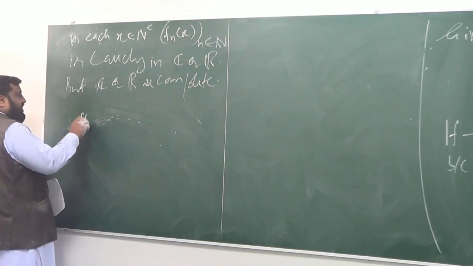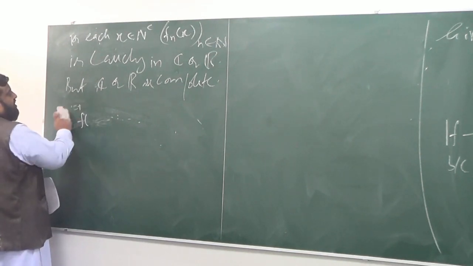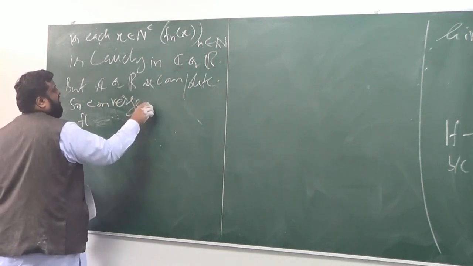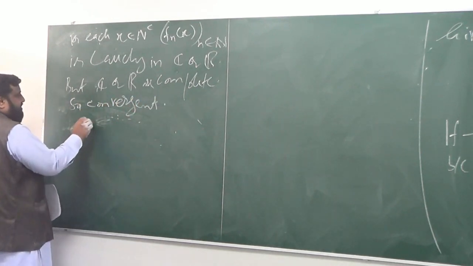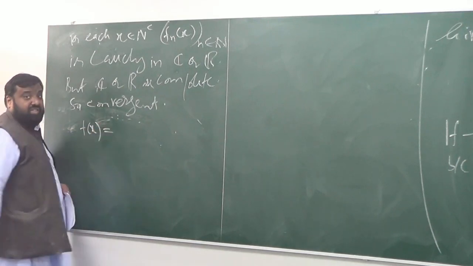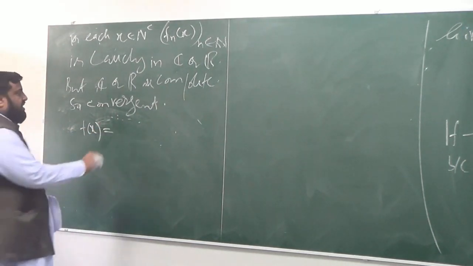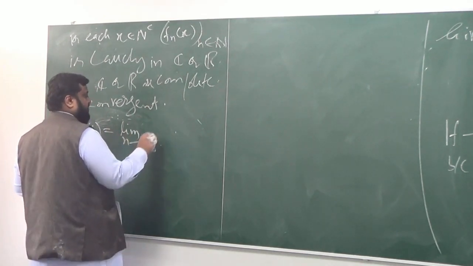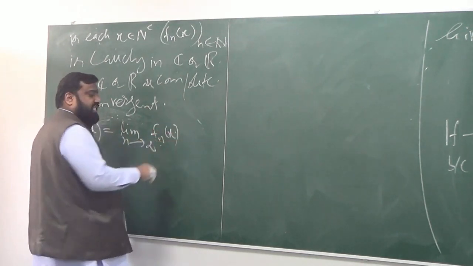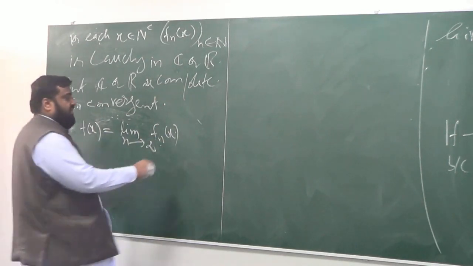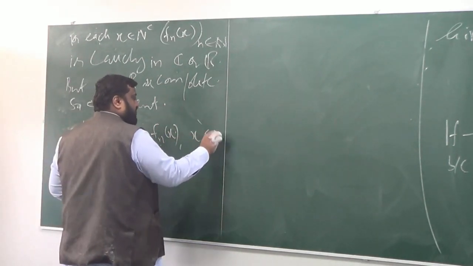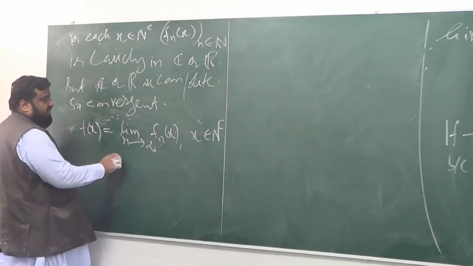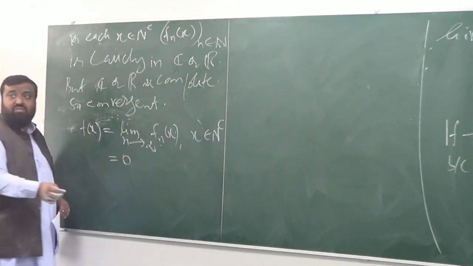Let's define a function. Convergent. Let me define a function f of x that is going to be the limit as n goes to infinity of Fn of x, on those x in N complement. And when x is inside N, you give it a 0.